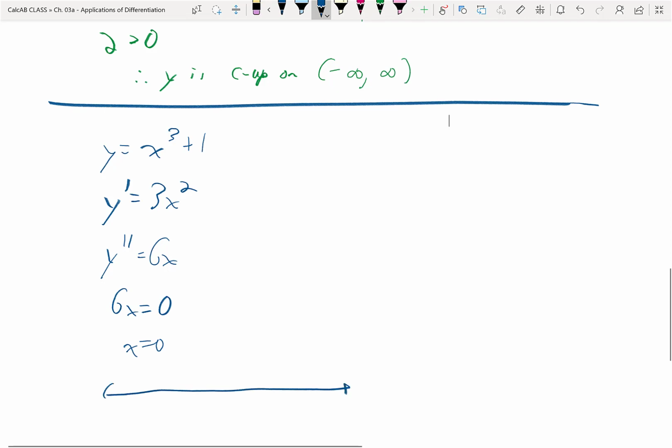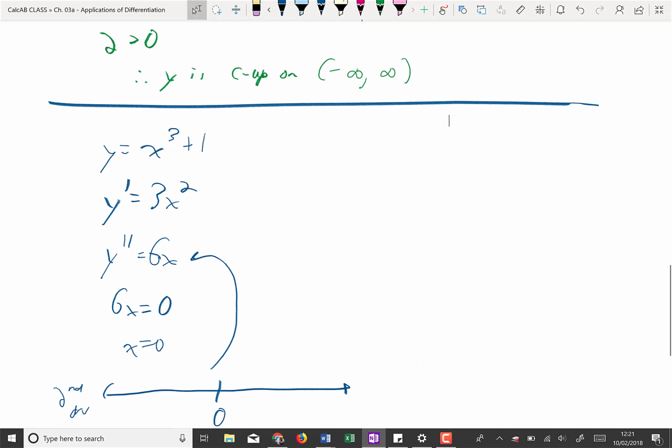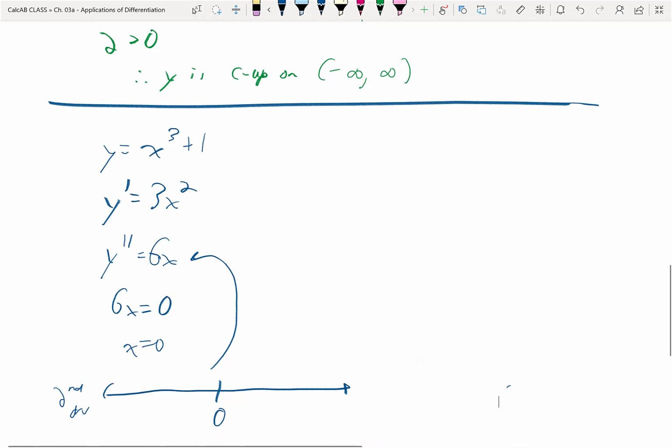And I want to be clear, we are doing a sign test on the second derivative, with 0 as a critical value. What I end up with is positive to the right of 0, negative to the left of 0.